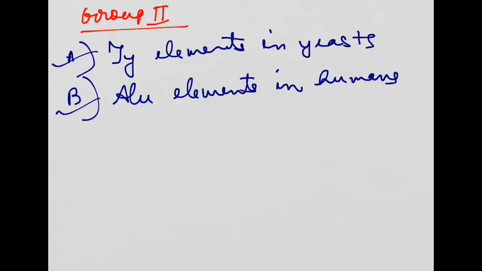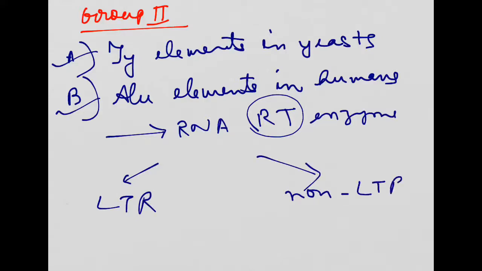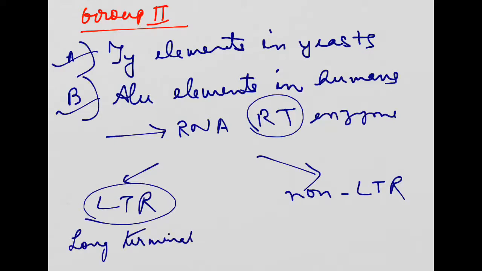That means they first produce an RNA intermediate utilizing RT or reverse transcriptase enzyme. There are two types: one is LTR and the other is non-LTR. LTR means those having long terminal repeats at both the 5' and 3' ends, and non-LTR will lack long terminal repeats.